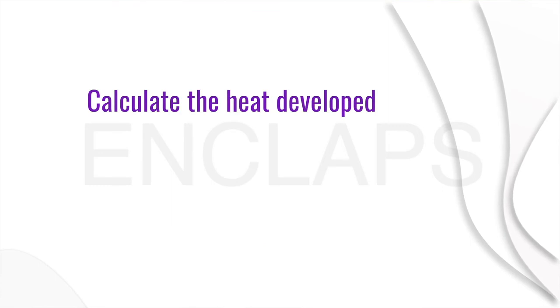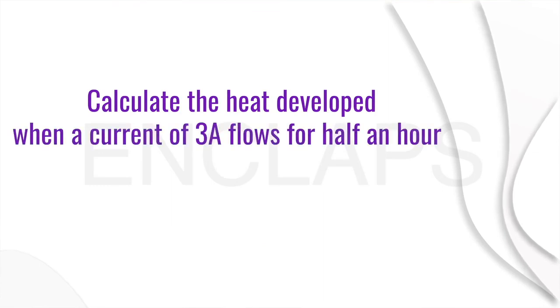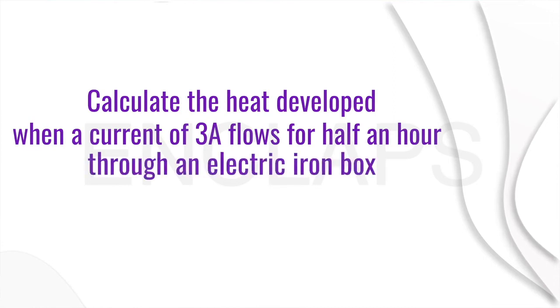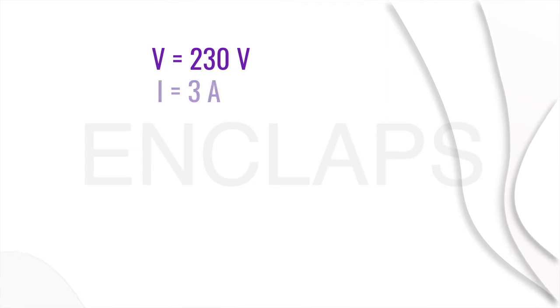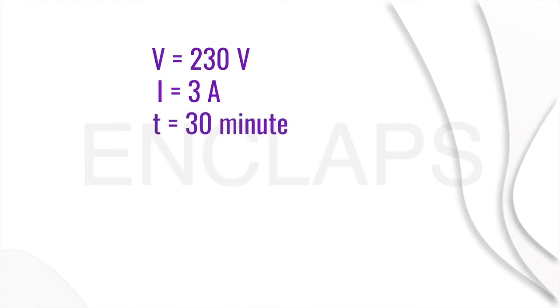Calculate the heat developed when a current of 3 ampere flows for half an hour through an electric iron box designed to work under 230 volt. The given data here are V is equal to 230 volt, current I is equal to 3 ampere and time T is equal to 30 minutes, that is equal to 1800 seconds.